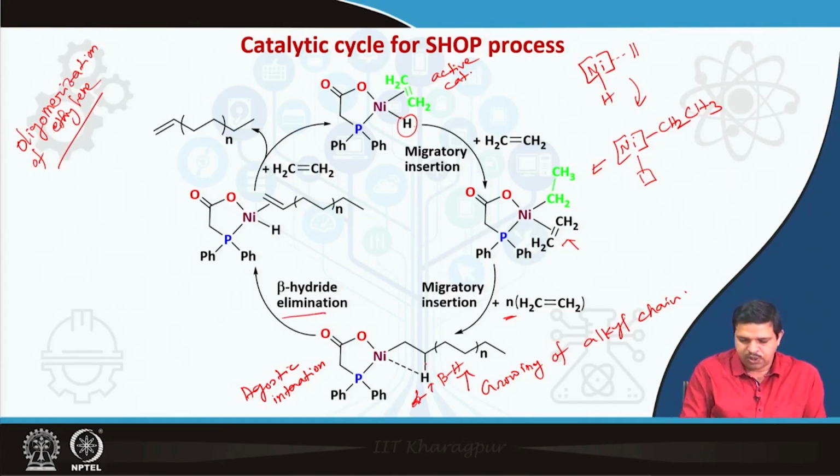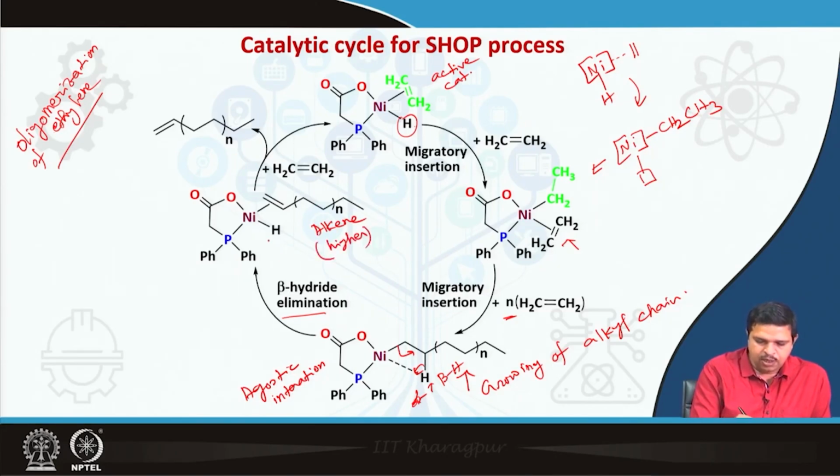So you will get the corresponding alkene, that is the higher alkene, not the ethylene, and you will get back your nickel hydrogen again, and then you have a lot of ethylene molecules.